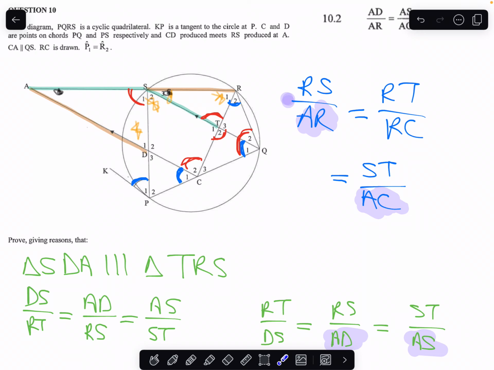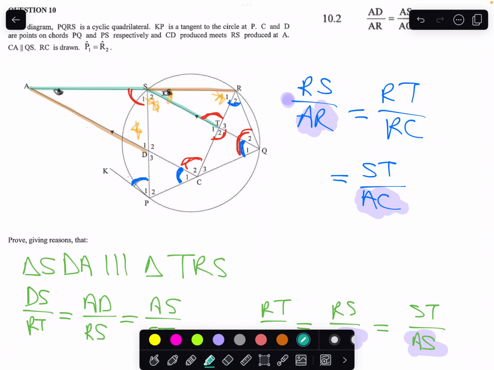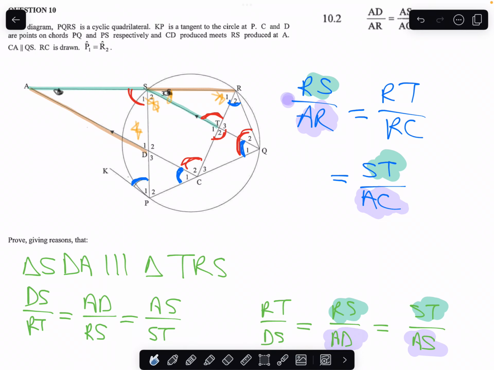And then I've got ST and RS over here. Okay, so we know that RS over AD is equal to ST over AS, but also RS over AR is equal to ST over AC.